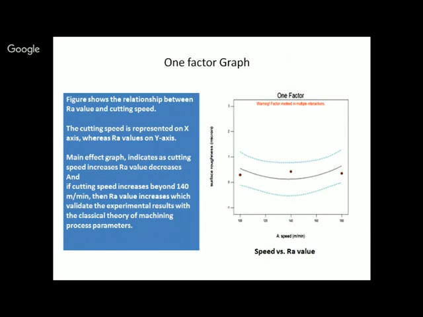Mainly you can see that at the lower cutting speed the roughness is low. Then at middle it is higher, but it is within our dimension limits, which also follows the classical theory of my machining process parameters. So this is the one factor method of getting that one factor graph.